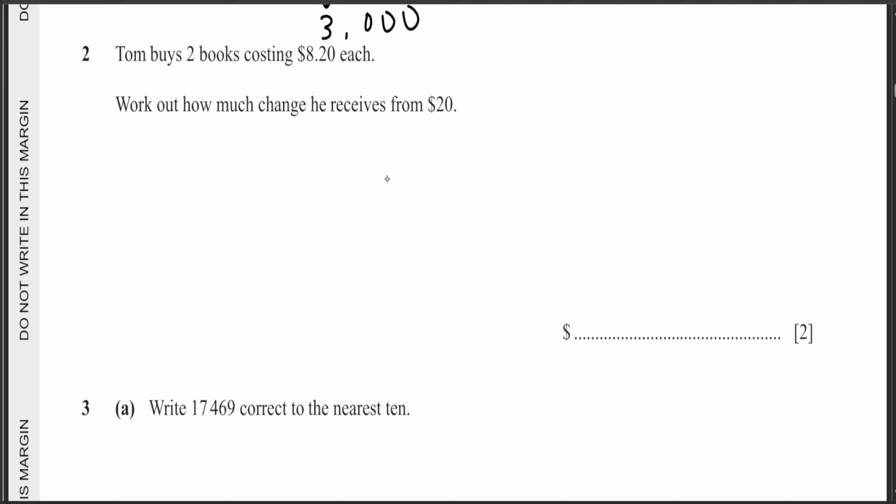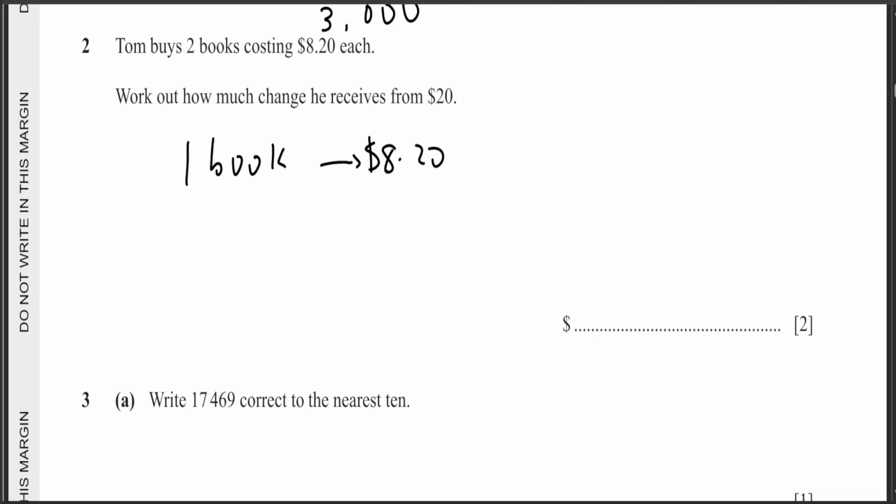Question two. Tom buys two books costing 8.20 pounds each. So one book costs 8 pounds 20, sterling pounds. What about two books?